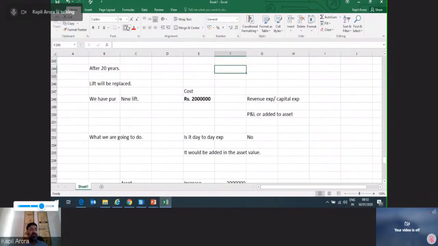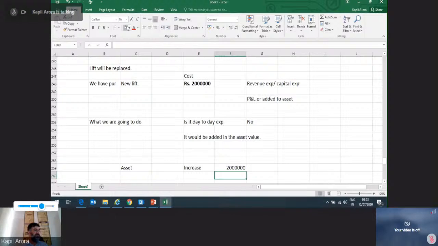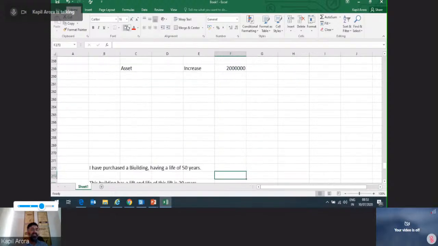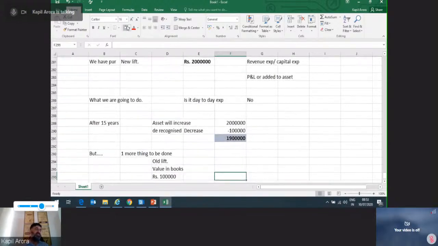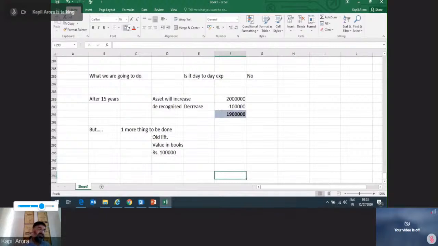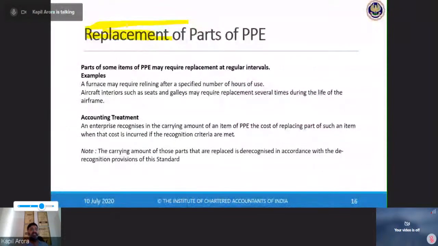That is why I have not reduced anything here. But here after 15 years, it is not completely depreciated. So it means some value is there in the books that will be de-recognized. Not just recognize, you have to recognize and you have to de-recognize the older one.